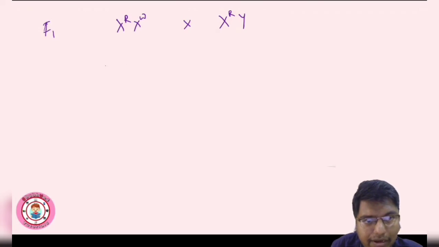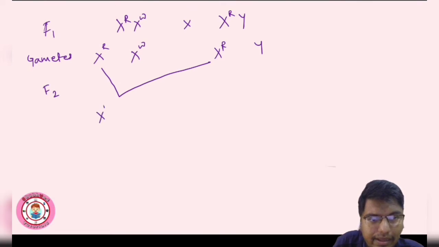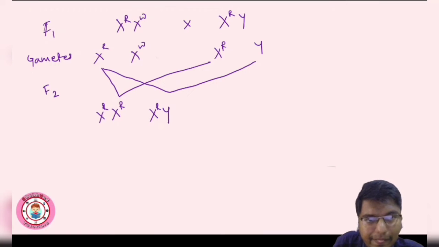Right, then what we will get now? See, two types of gametes, XR XW, right? So these are the gametes. Then F2. Okay, what will we get in F2? See, first we can draw this, right? XR XR, then XR Y, XR Y. Okay, then this XW with XR.